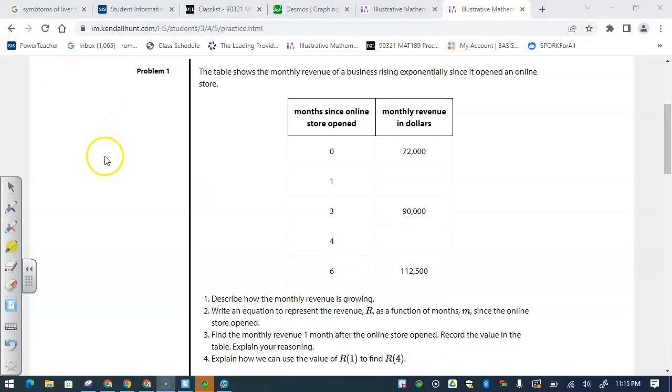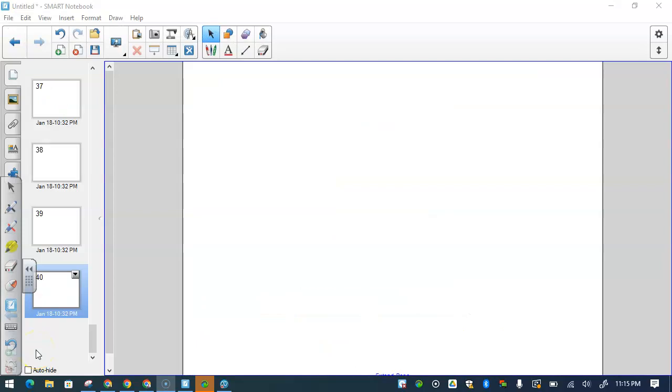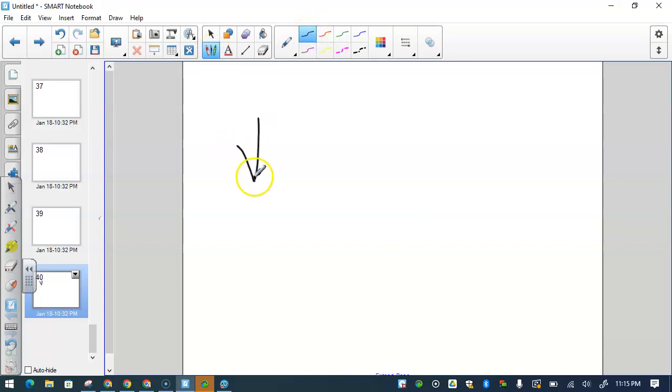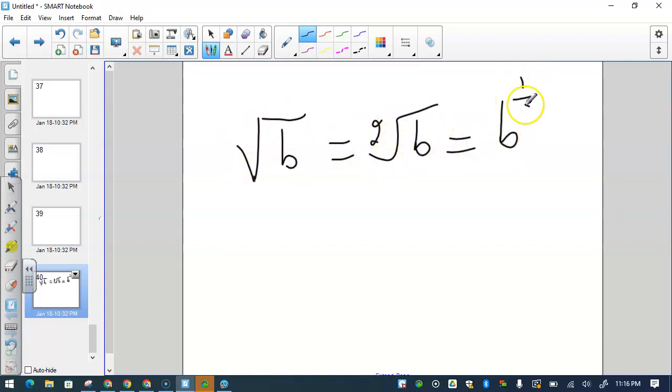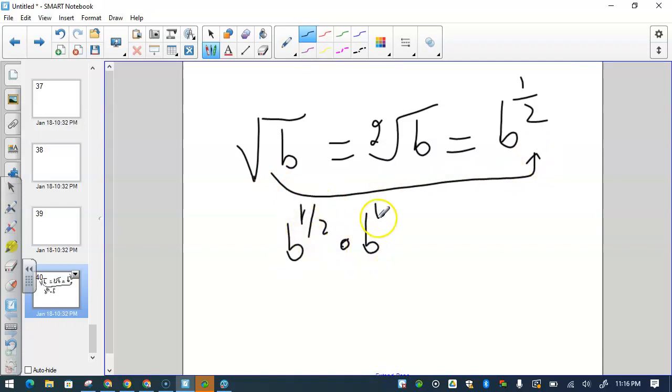Okay. So before I show you the first one, let me walk through some of the basic necessities. Remember that if I have the square root of b, it means it is b raised to half. So this and this are the same thing. If I multiply b raised to half by b raised to half, you get b.